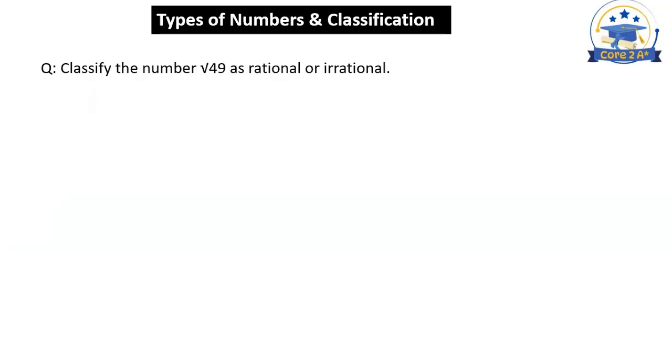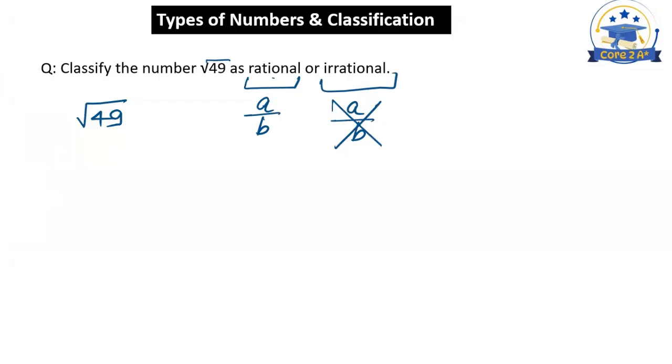Classify the number square root of 49 as rational or irrational. Okay. So according to the definition, rational means what? A number which we can write in A upon B form, or you could say in numerator upon denominator form, right? And irrational is just the opposite of rational. It means we cannot write in numerator upon denominator form, right?